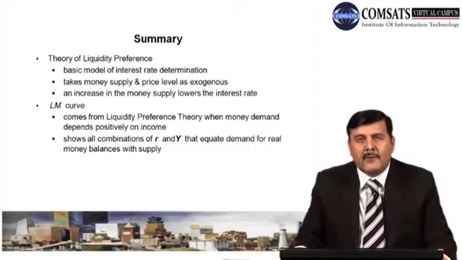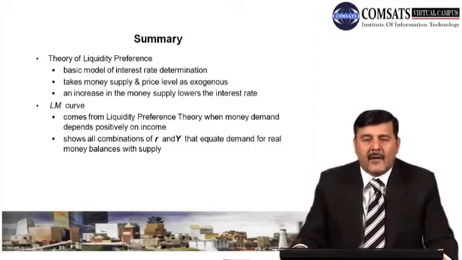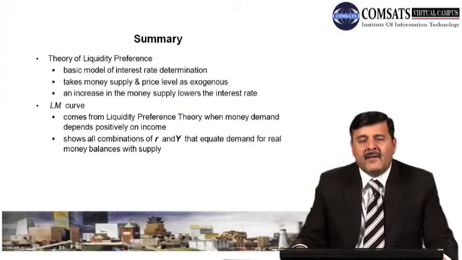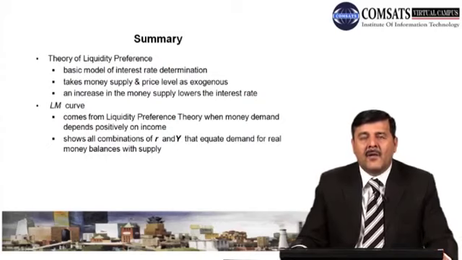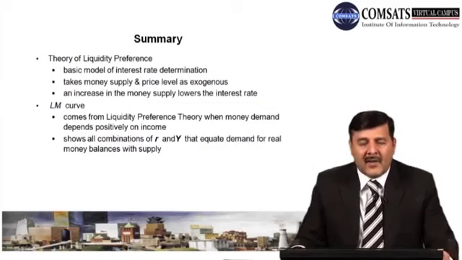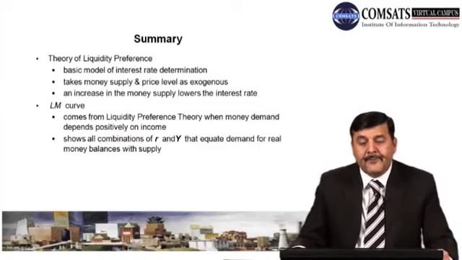Now this was all about today's class. What we have learned today, I will summarize in a few minutes. We started from the liquidity preference theory. What is that theory? It is the simple theory of interest rate determination, which tells us the equilibrium in the money market, where the demand for money and the supply of money are equal.